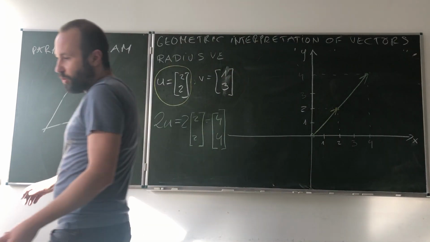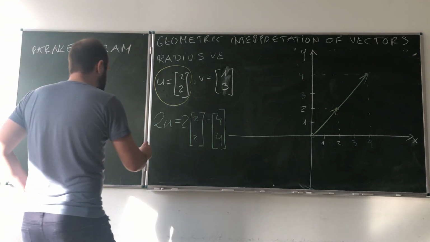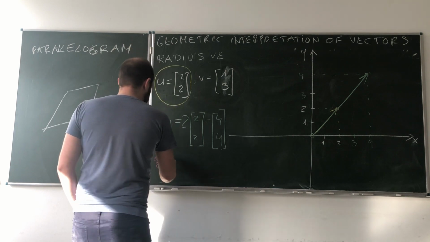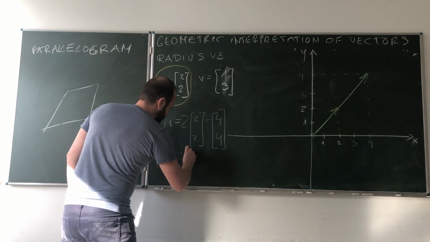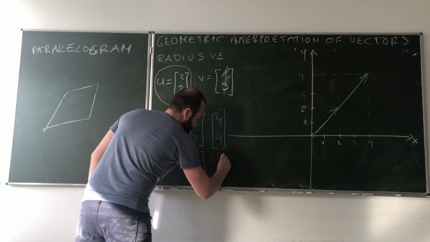Okay, so what would we get if we wanted to have 1 over 2u as vector? Well, we would multiply our vector by 1 over 2, and we would get, you see, 1 and 1.